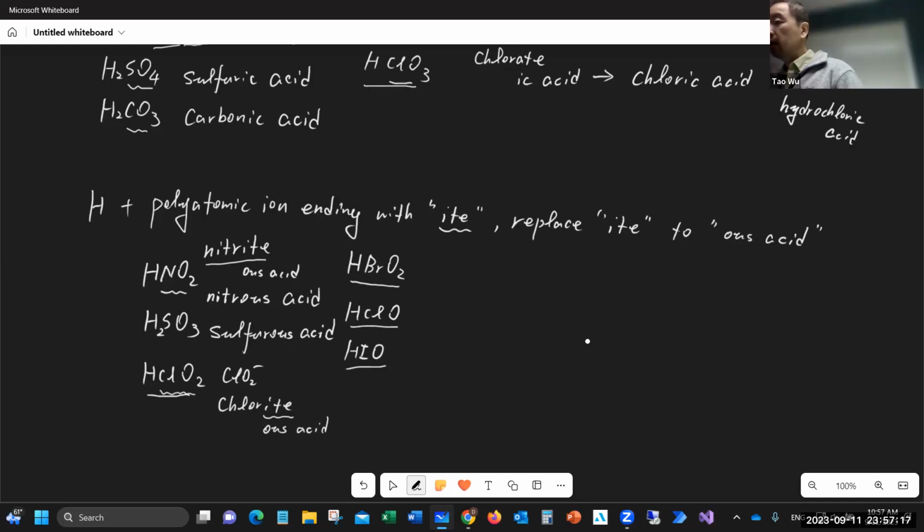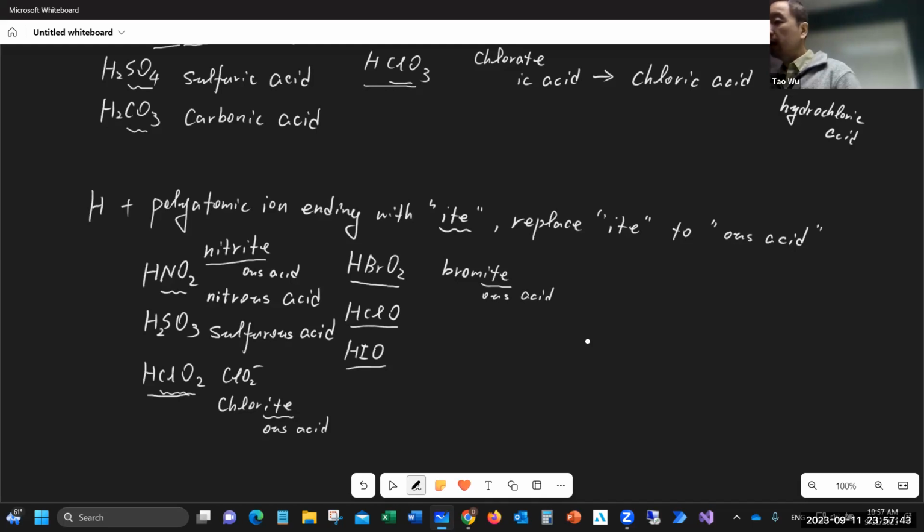Bromine over here is called bromite, right? Bromite is not on the common polyatomic anion sheet, but you should be able to get it based on the rule. Bromite, you change to OUS, then acid. So this is called bromous acid.